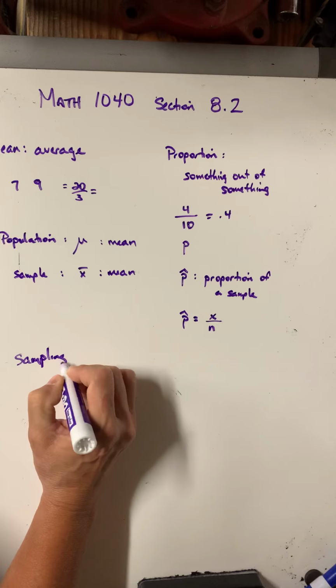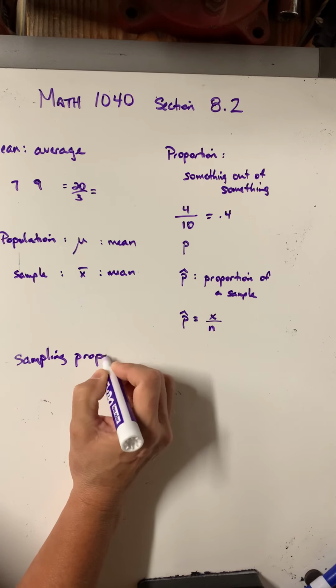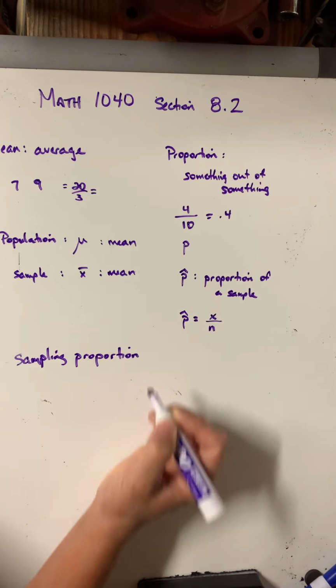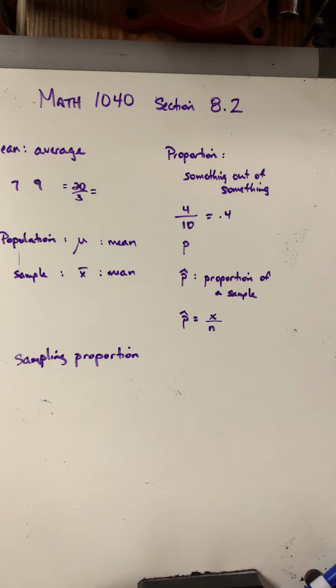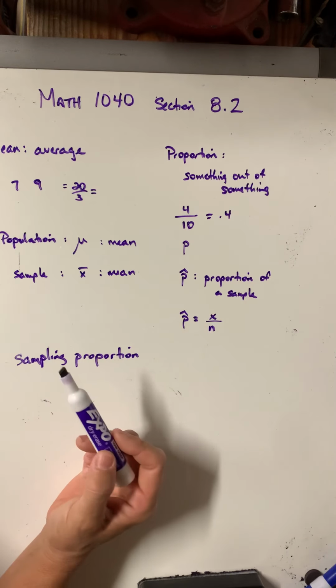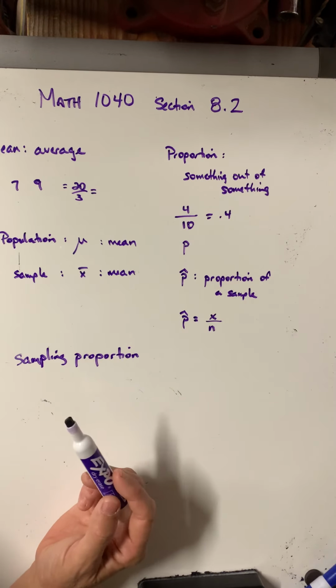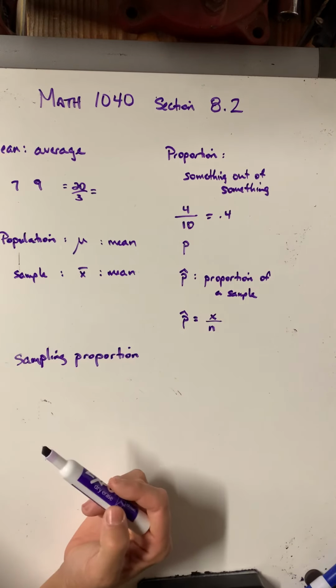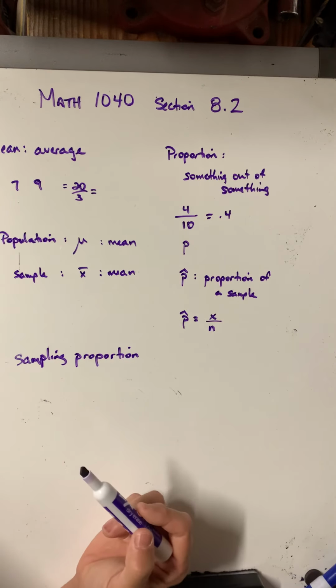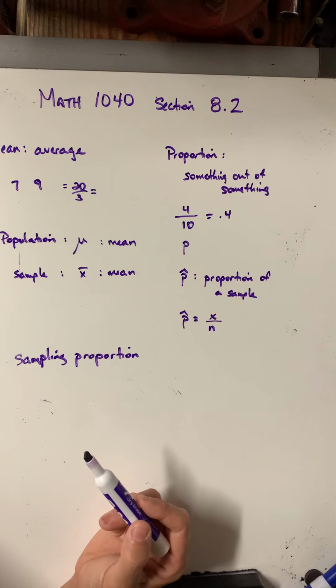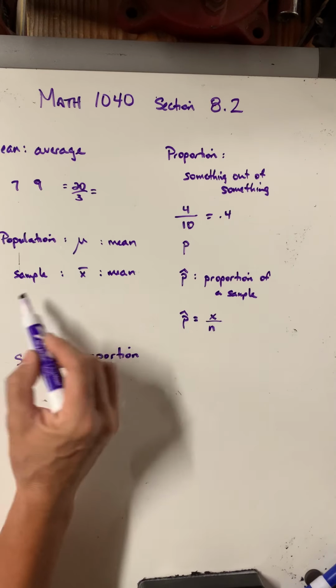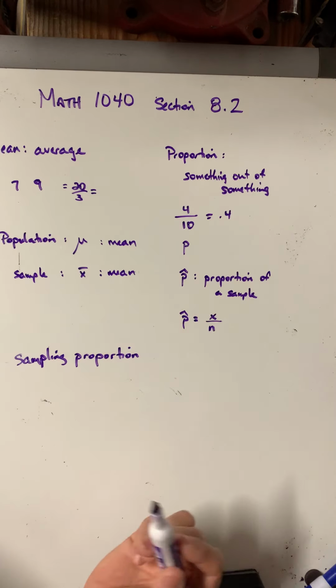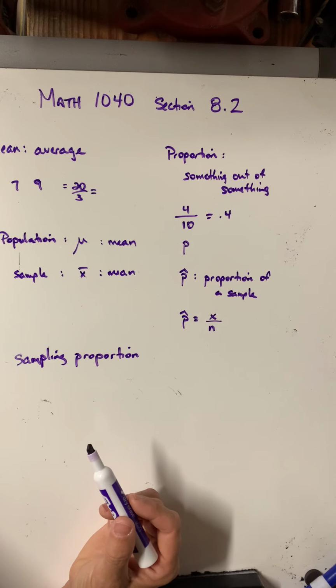Now, remember that for the sampling mean, I gave the example of 10 people in the class. I could figure out the average of all 10 people. That would be the population mean, right? But then I could take groups of 3, sample sizes of 3, as many groups of 3 as I could.